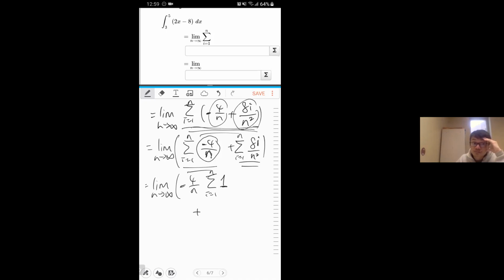Is it okay? For the second term, I want to take the sum of 8i divided by n squared, i goes from 1 to n. Again, 8/n squared doesn't depend on the index i. So I can pull out the 8/n squared, and I end up with something like this. Is it okay?